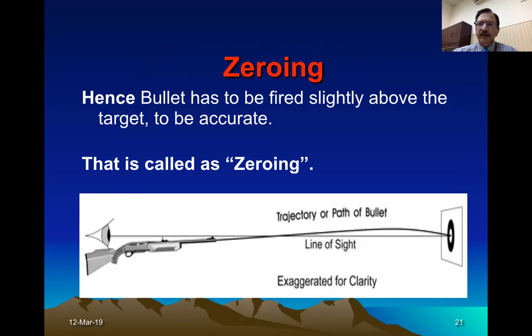You cannot make the bullet travel in a straight line. It will travel in the same curved pathway, but by simply adjusting the sight angle on the weapon, you will cover that curved pathway and it will then hit the target, hit the bull. That is called zeroing: you make a weapon zero with repeated practice firing and keep adjusting the angle of the sight till it is accurate.